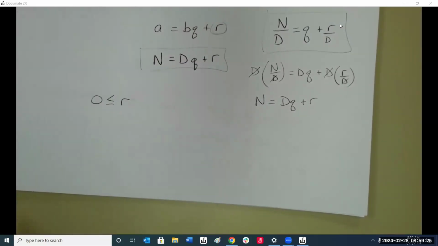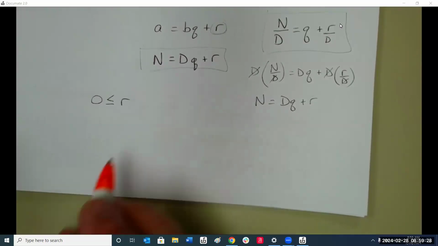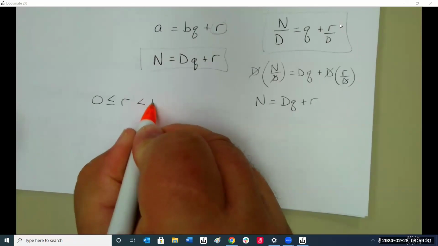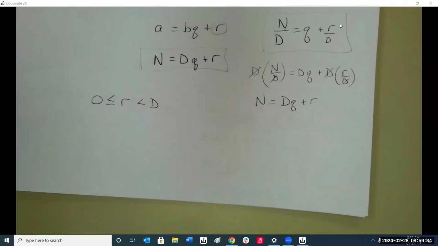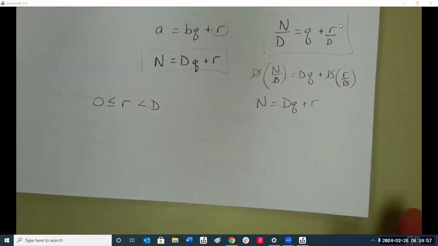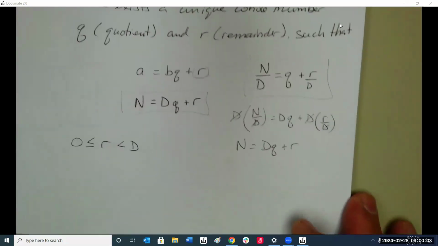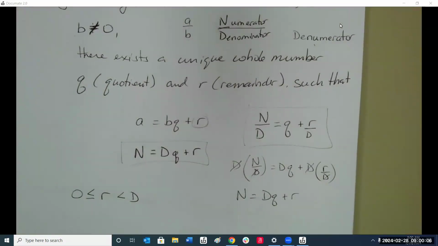The remainder can never be a negative number. But it has to be less than your denominator. If your remainder was larger than your denominator, that means something else can fit in there. Yeah. I know this, we've done division all our lives. We never thought all these rules would be there. That's the stuff we've been doing in our heads.